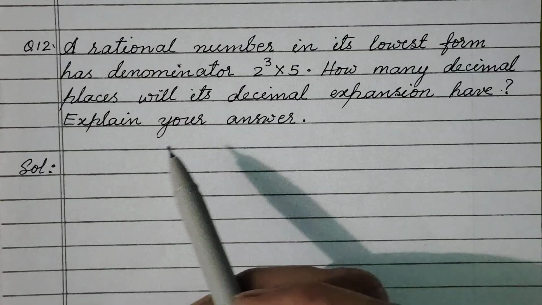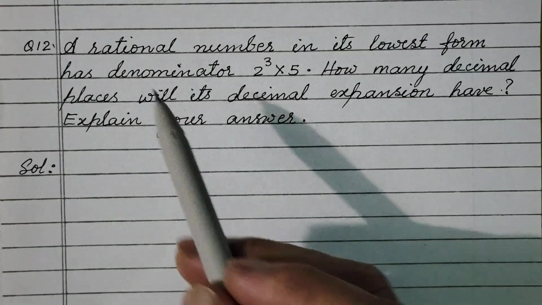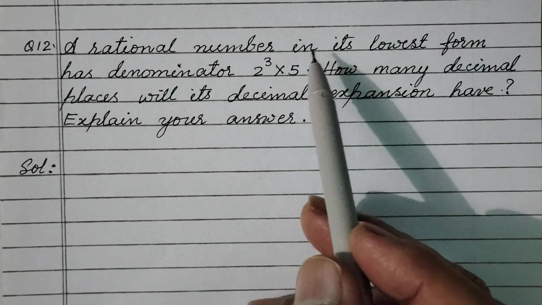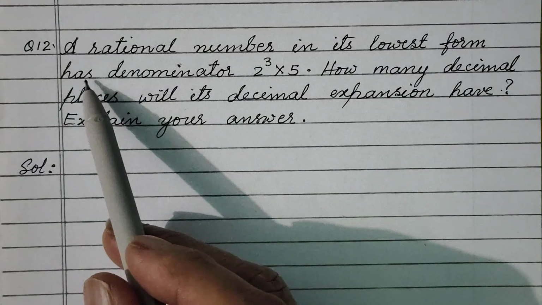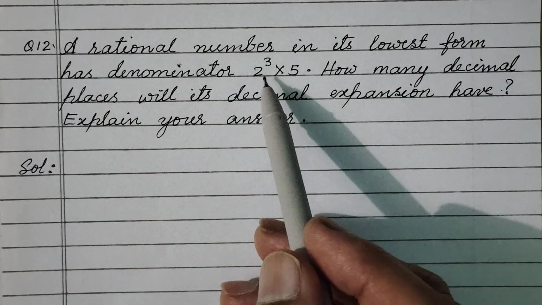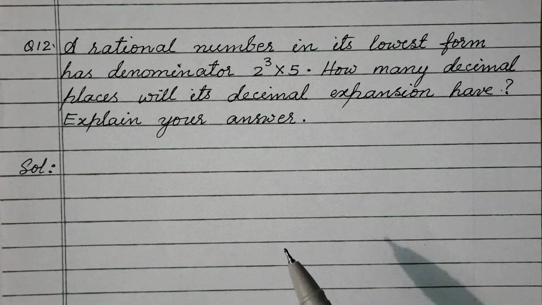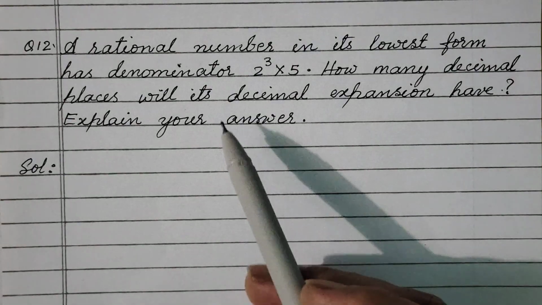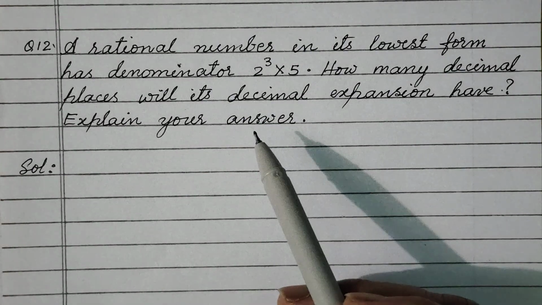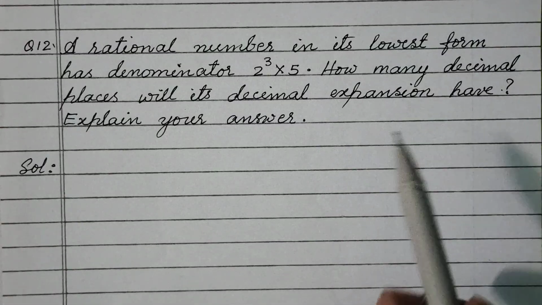Explain your answer. So they are telling there is a rational number which is in its lowest form and the denominator is 2 cube into 5. So we have to find out how many decimal places will be there in the decimal expansion.